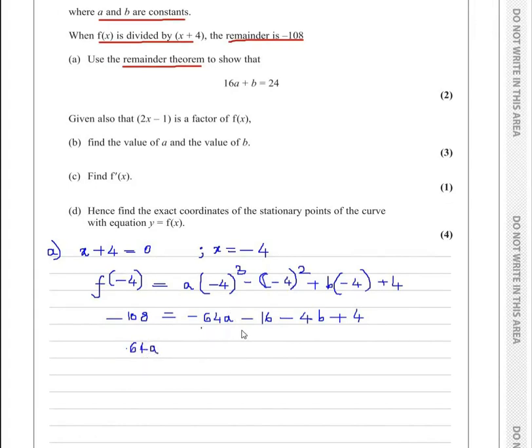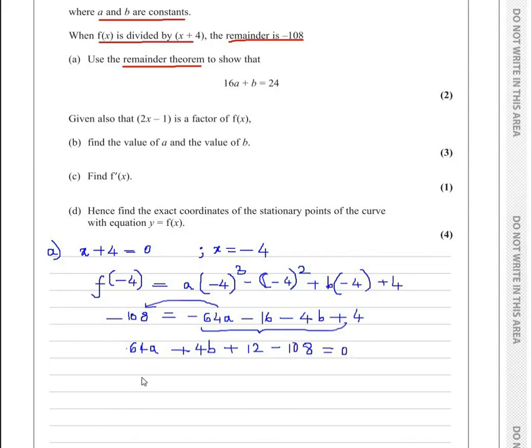So I am getting all these terms on one side. Negative 64a becomes positive 64a, and then we have positive 4b, and then we have negative 16 and positive 4, which is negative 12. So when we take it over this side, it becomes positive 12, minus 108 is equal to 0.